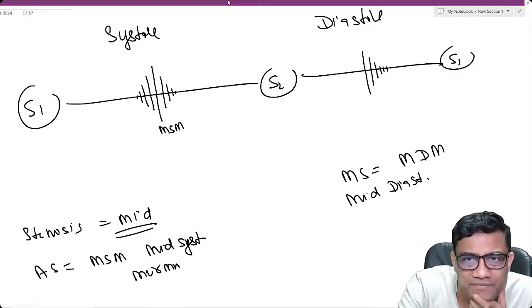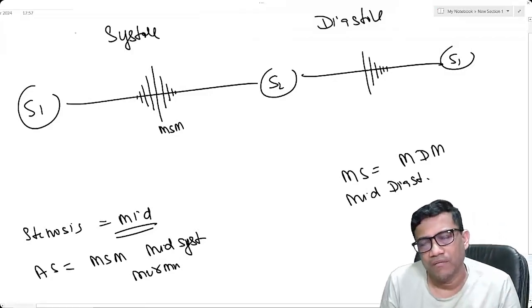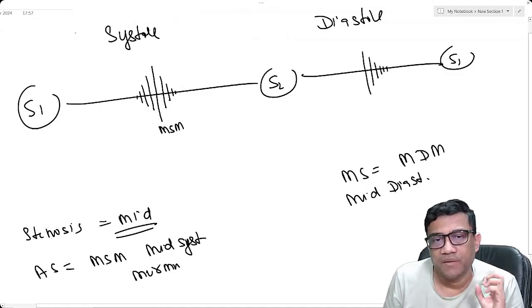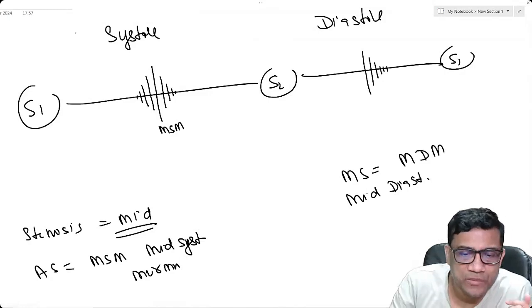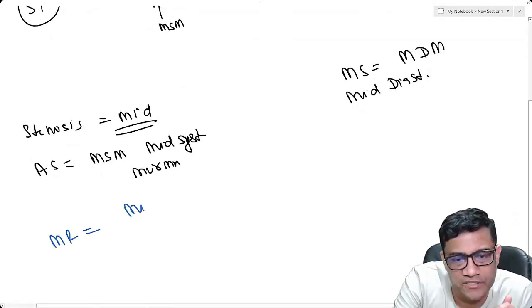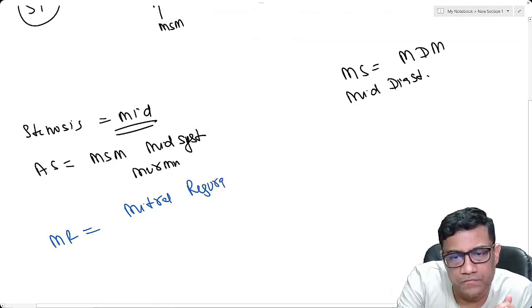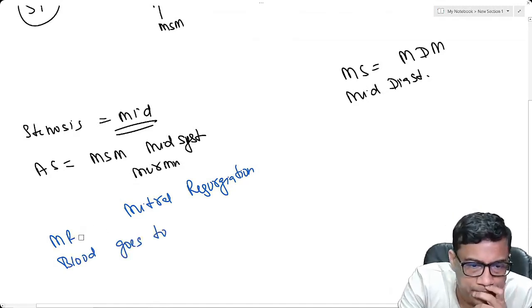Then next is, if there is a what? Mitral regurgitation, the blood will go back to the atria in which period? So remember, यहाँ लिख देता हूँ, अगर हो जाए MR, mitral regurgitation, blood goes to, तो क्या होगा?